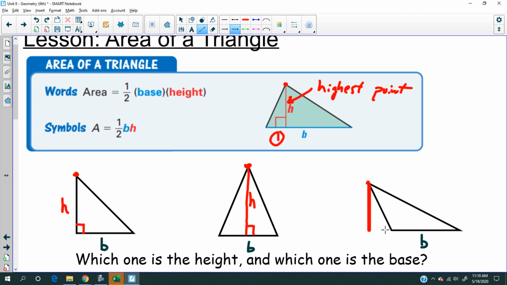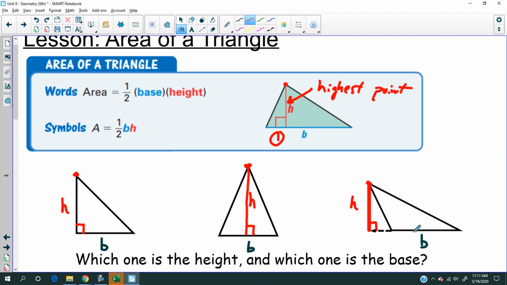And I'm going to take this and go like that. So this is the height, because it forms a 90-degree angle, and it's at the highest point. I know for some of you, this is very hard to fathom right now. Take my word for it.